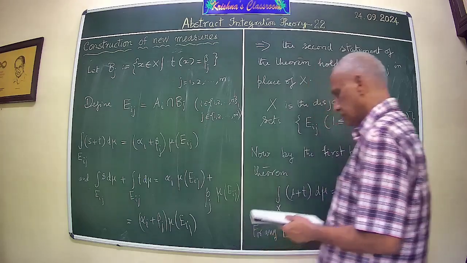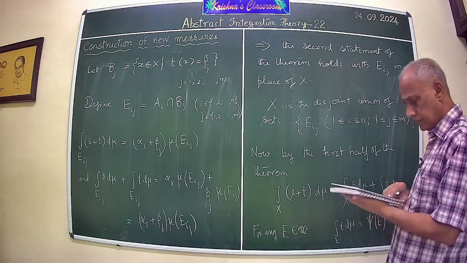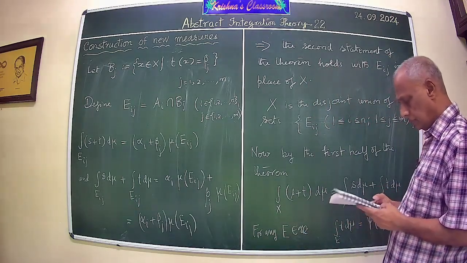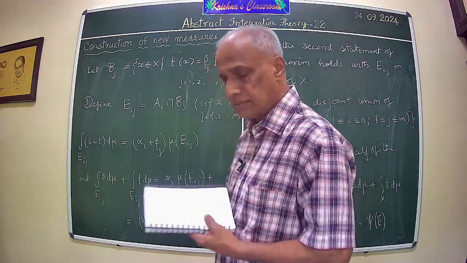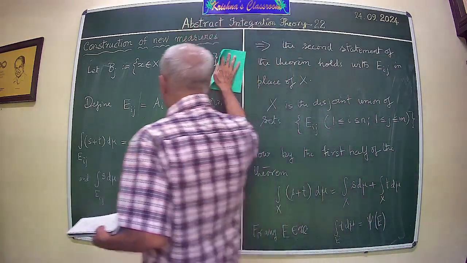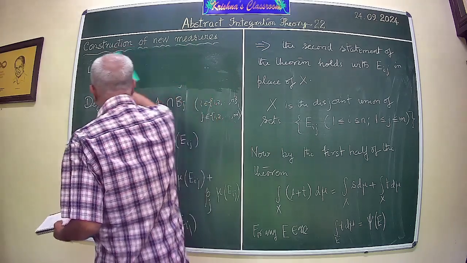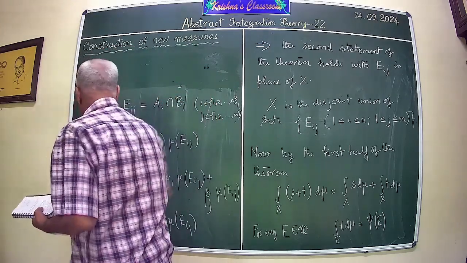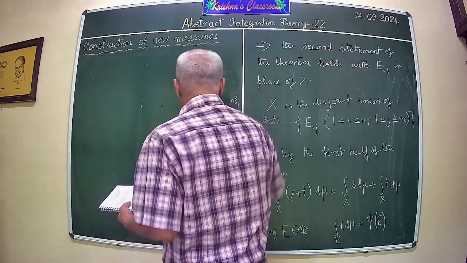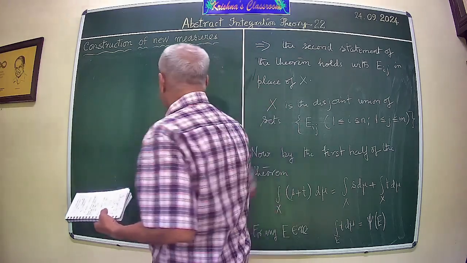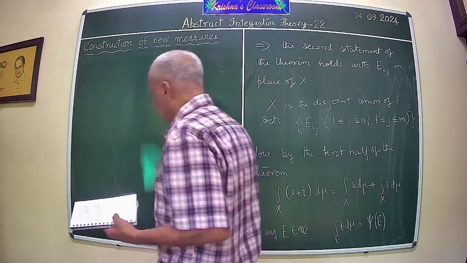Then what you get? You have phi plus psi, so the sum of measures is again a measure.